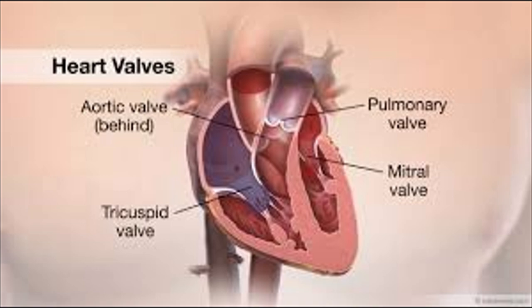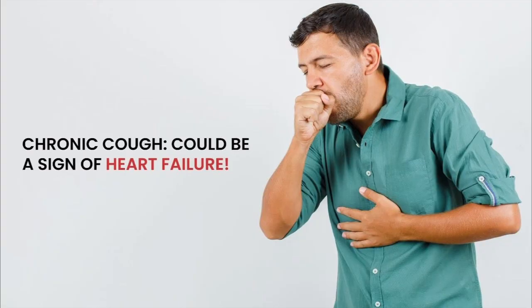When it relaxes, the aortic valve closes to prevent blood from flowing backward into the heart, ensuring that the blood moves forward into the systemic circulation, that is the rest of the body. So the aortic valve plays a very important role in maintaining proper blood circulation and oxygen delivery to the entire human body.